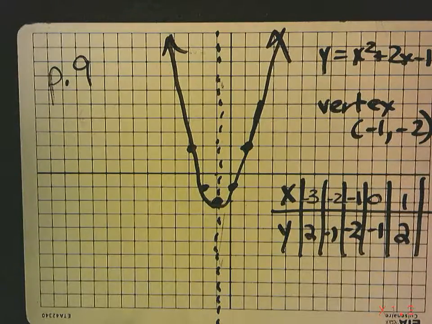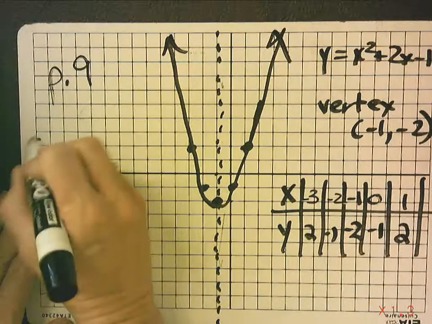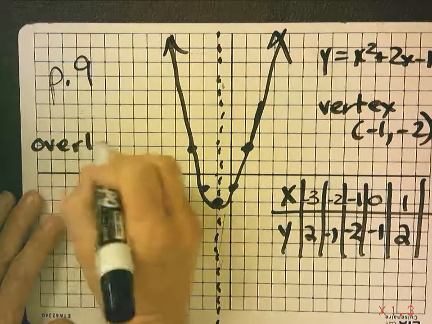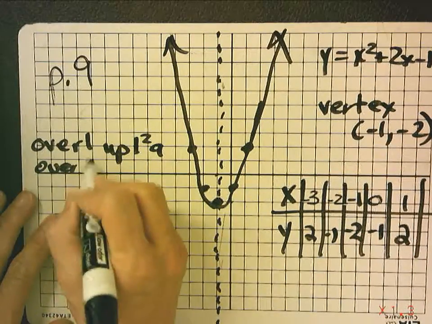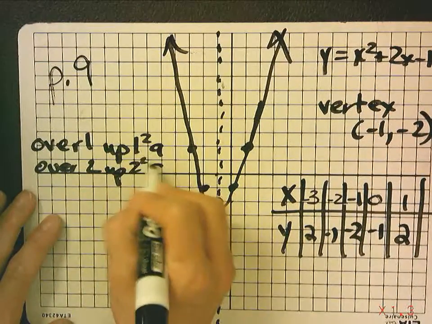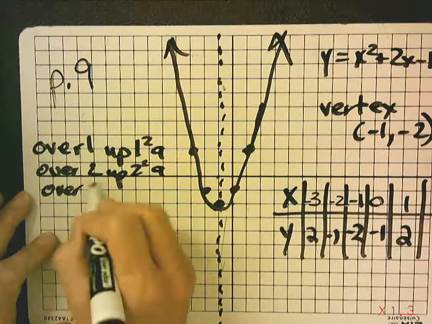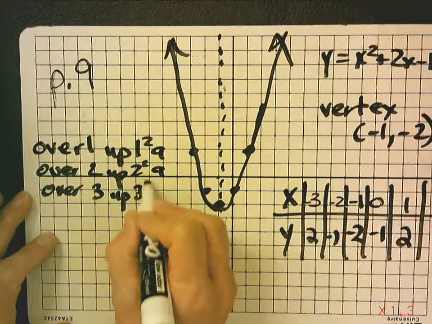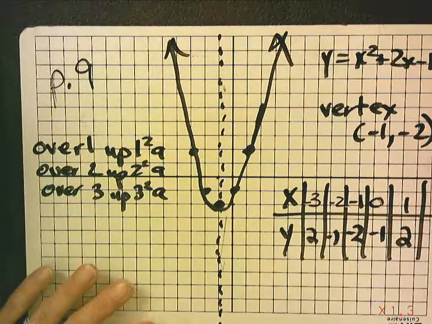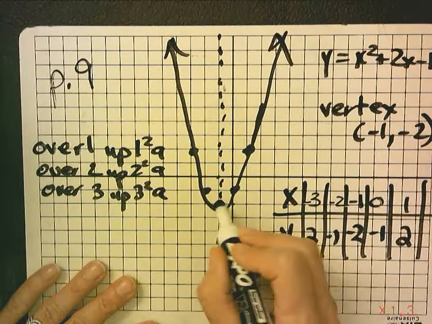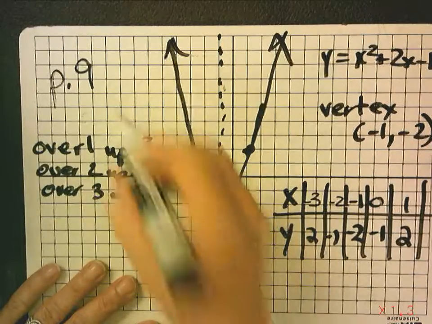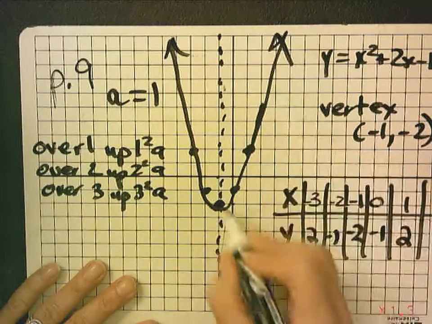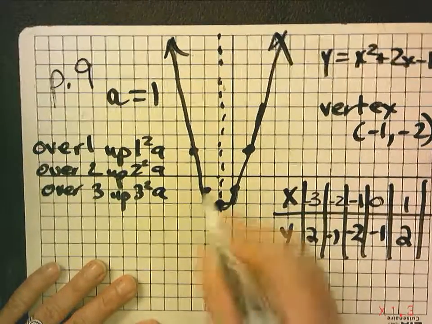Okay, now we can also practice the shortcut way. And the shortcut way is to start at the vertex. And we go over 1, up 1 squared a, over 2, up 2 squared a, over 3, up 3 squared a. Okay, so over 1, up 1 squared times 1, because a equals 1, so it's over 1, up 1, over 1, up 1.